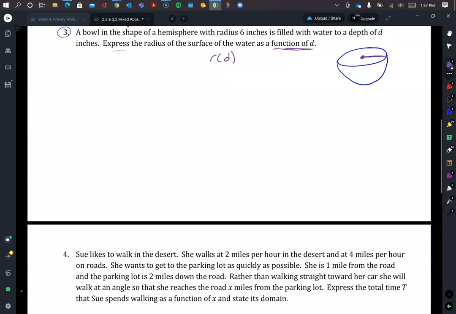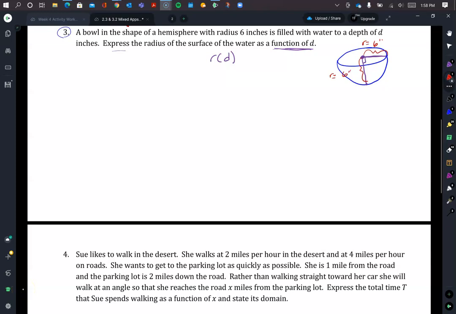And then I could drop down to the bottom of the bowl at a 90-degree angle there. I know certain things that I'm given. I know that I have 6 inches for my radius.